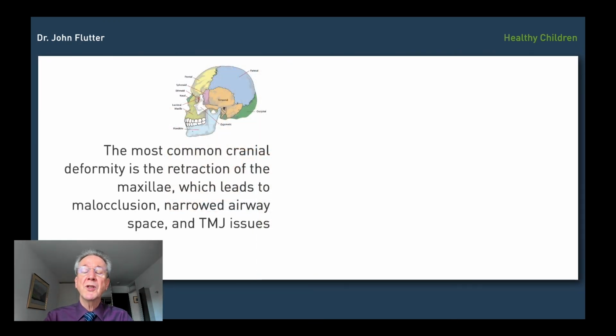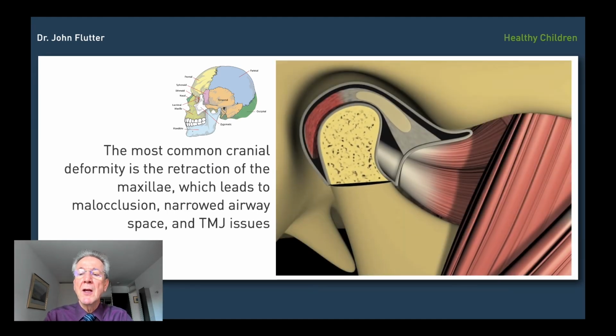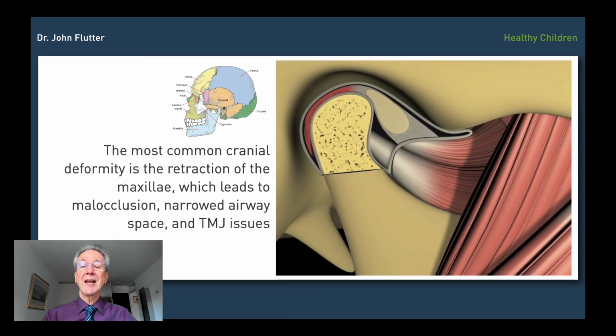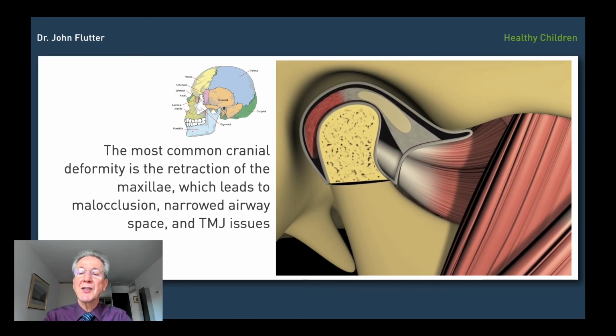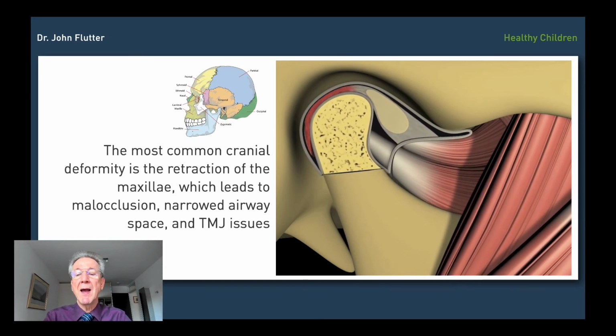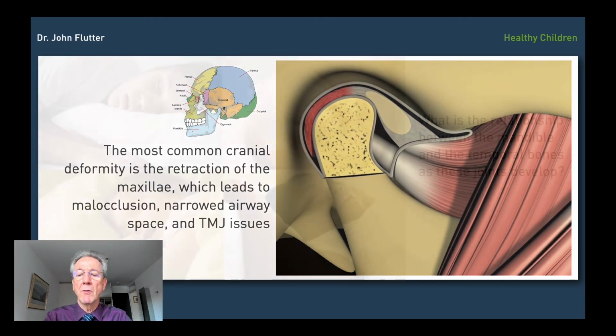And the more distorted the bones of the cranium are, the more distorted the maxillae and the temporal bones are. So it's going to have an effect on the relationship between the mandible and the two temporal bones.